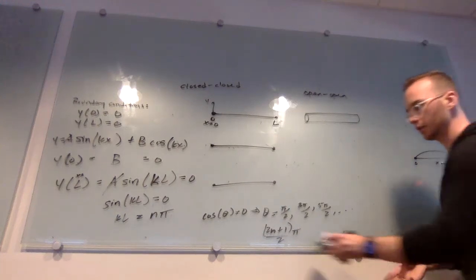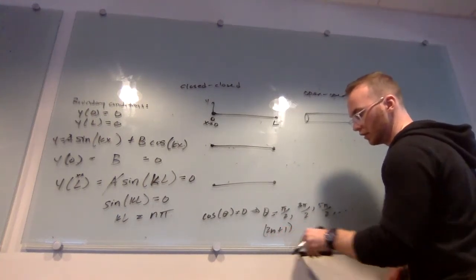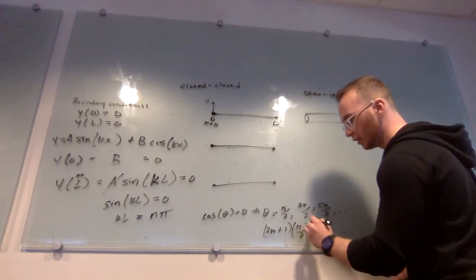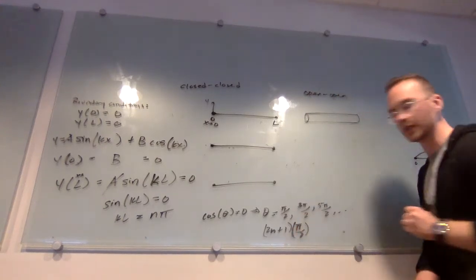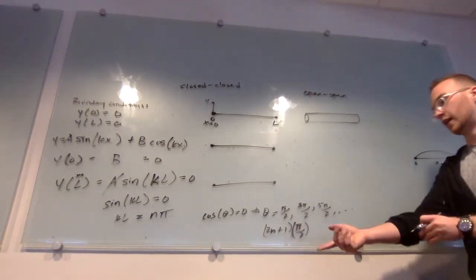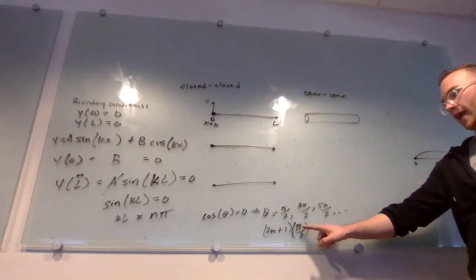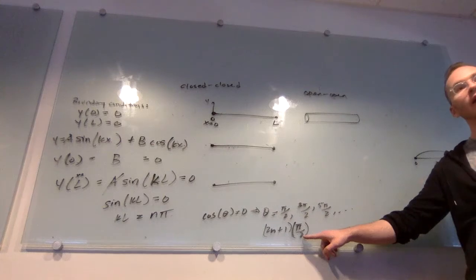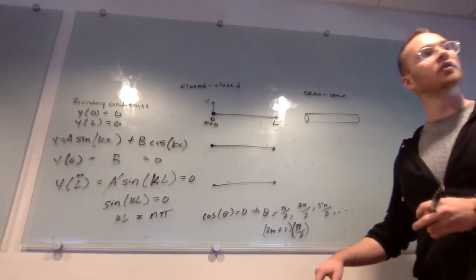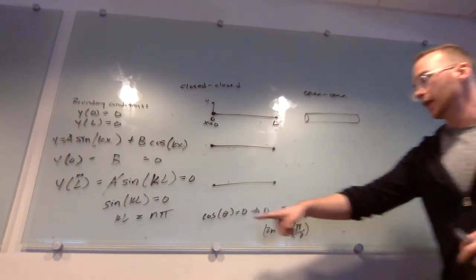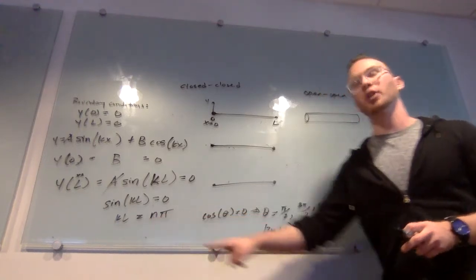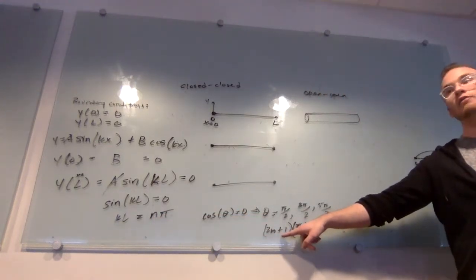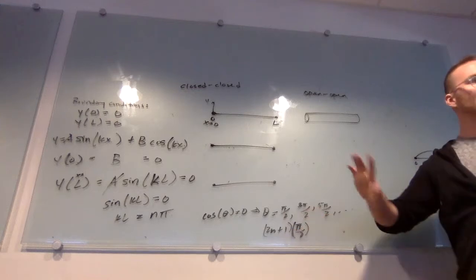So this looks weird, let me write it like this. The reason I'm writing it like this is because n times pi over 2 would give you, at n equals 2, pi, and cosine of pi is not 0. So it's just this shifted a little bit, but this 2n plus 1 for any n gives you an odd number. That's just a little trick.